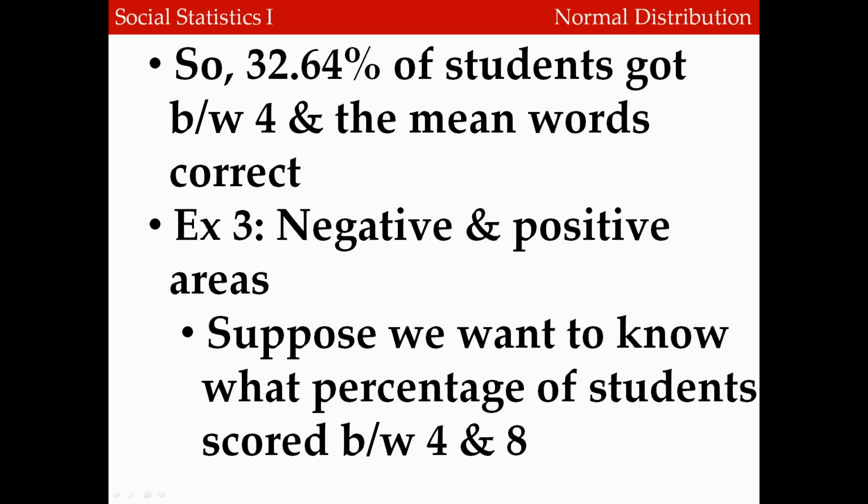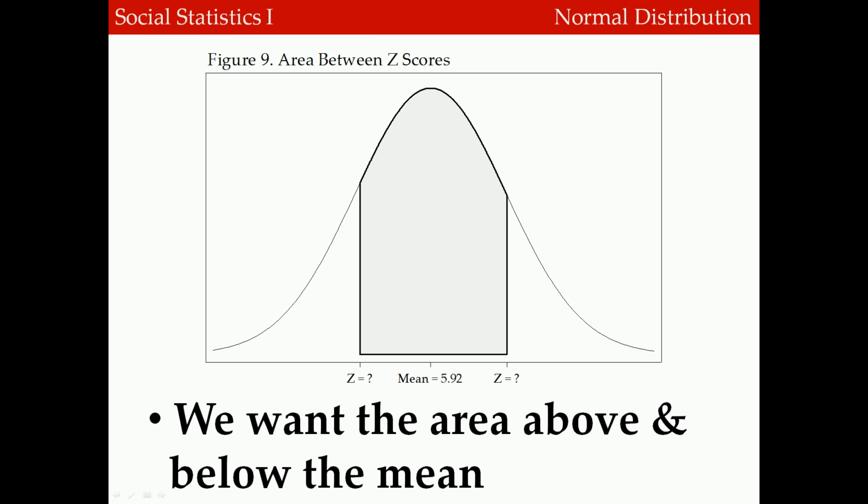Now suppose that we wanted to find a negative and a positive area. For example, let's suppose that we wanted to know what percent of people scored between 4 and 8 correct words. This time we're looking for both a negative and a positive area above and below the mean respectively. So how do we do this?